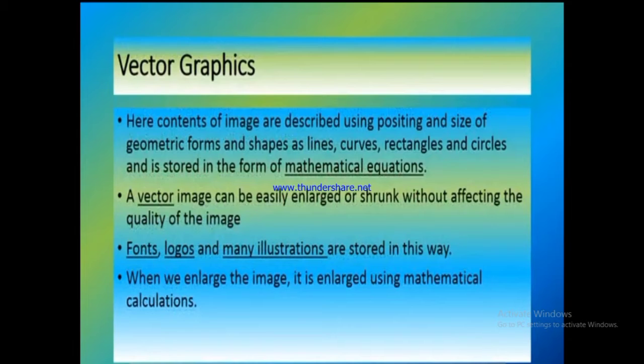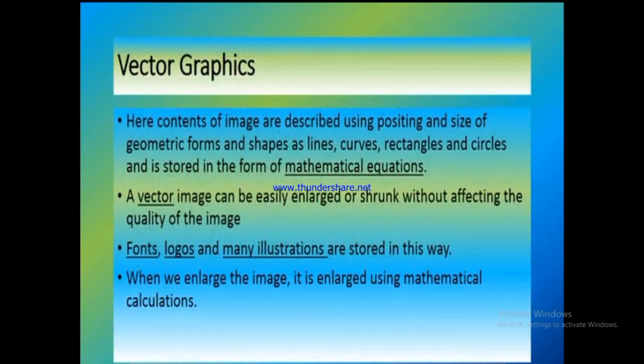Another form of image generated by computers is vector graphics. What is vector graphics? They store the images in the form of mathematical equations. On the screen, both bitmap and vector graphics look the same.